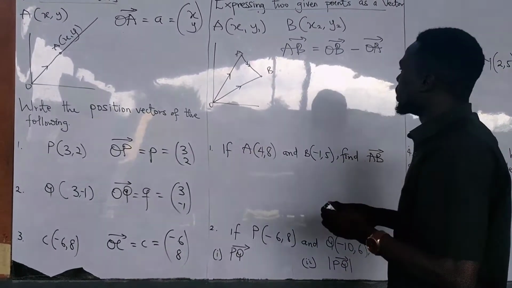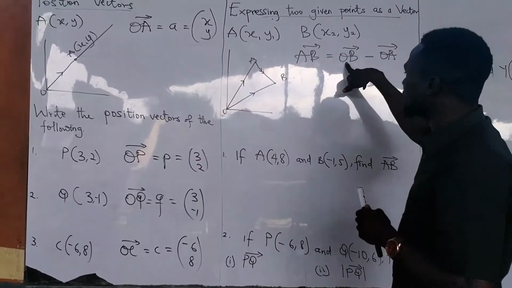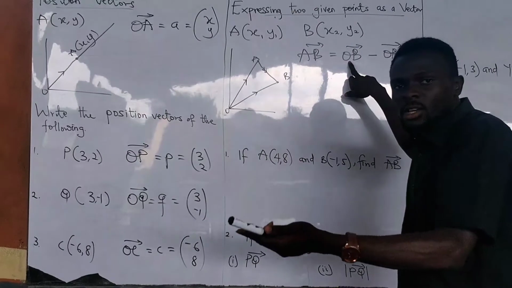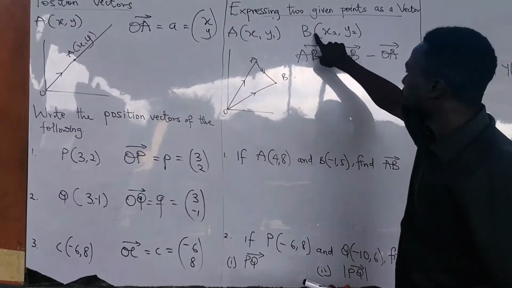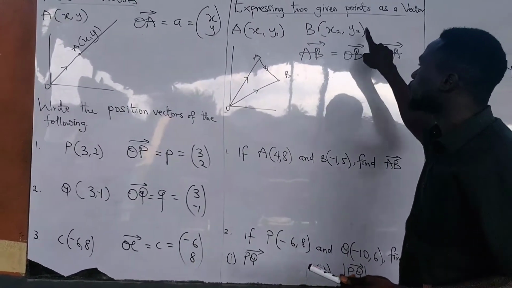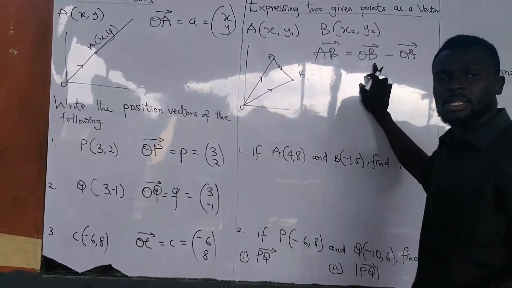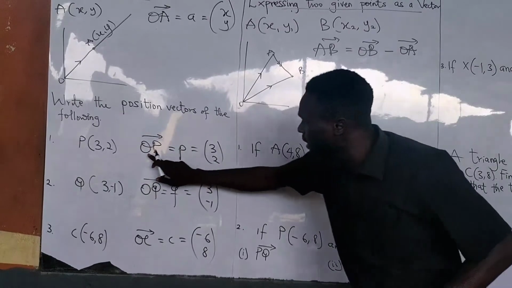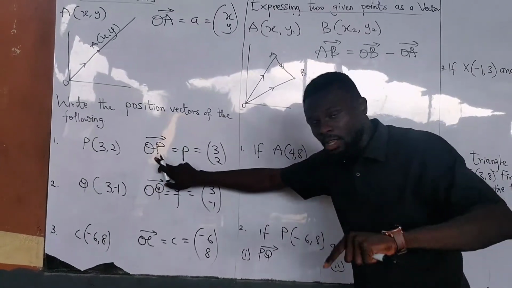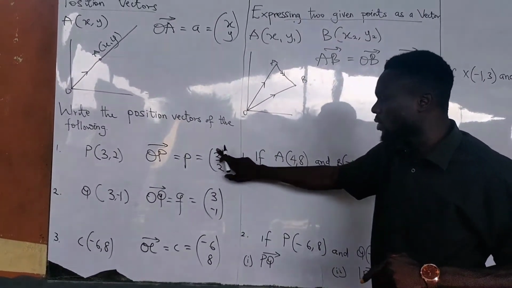So from here, look at it carefully and ask yourself, what is the point for B? The point for B is x2, y2. So you just put them there. Since this is OB, it means it is a vector. So we were able to write this as 3, 2.